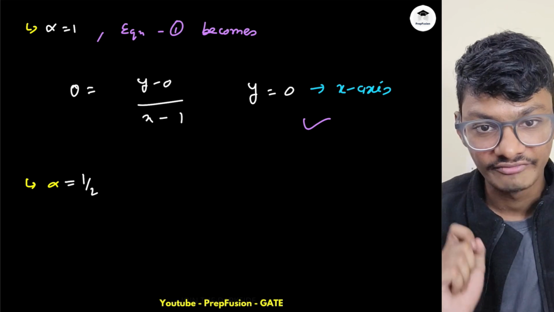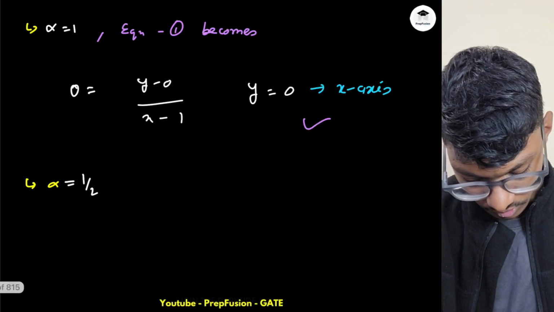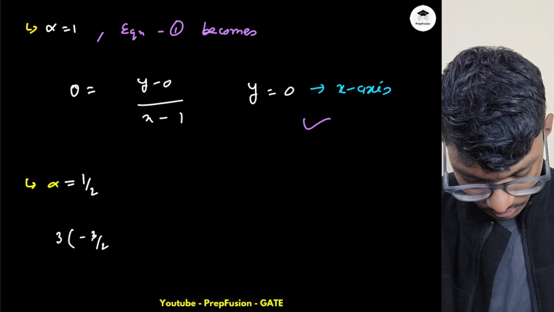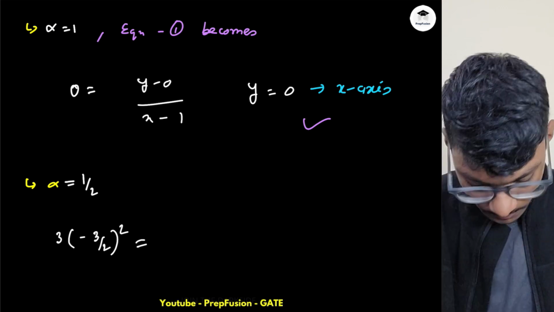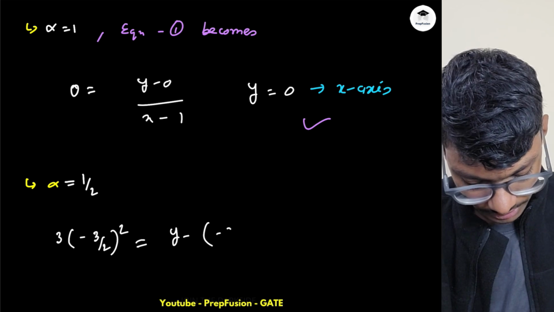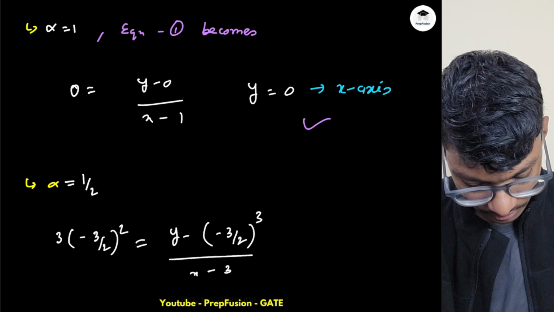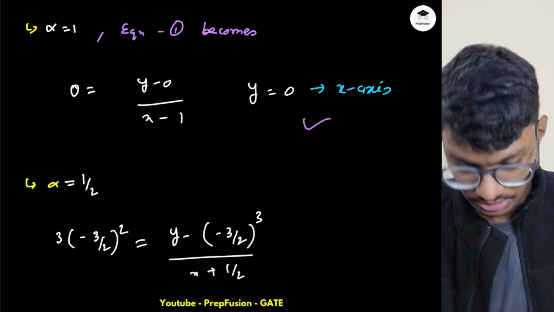So what does my f dash of alpha become? If I put alpha equals minus 1 by 2, this will be 3 into minus 1 by 2 whole square, equals y minus minus 1 by 2 whole cube, divided by x minus alpha, which will be x plus half.